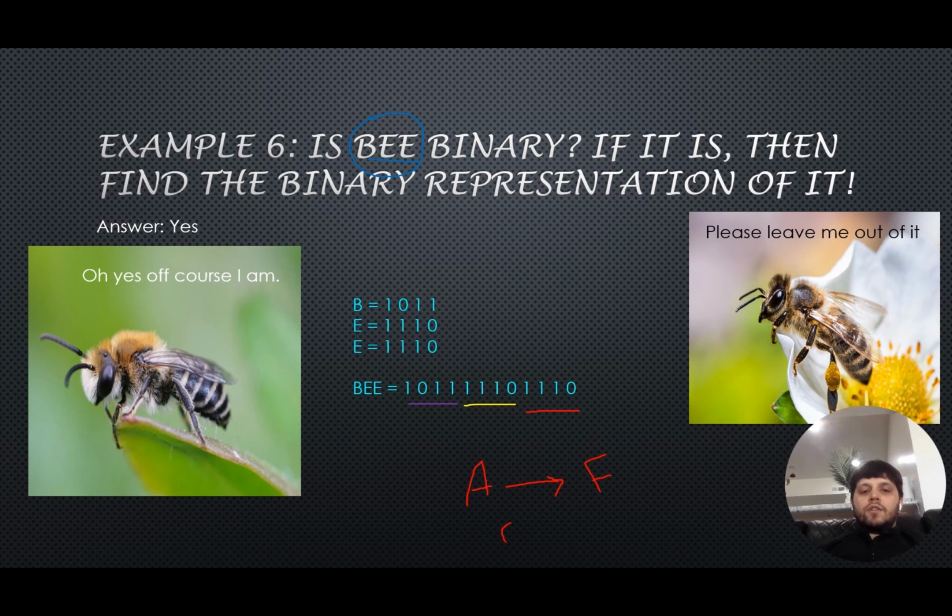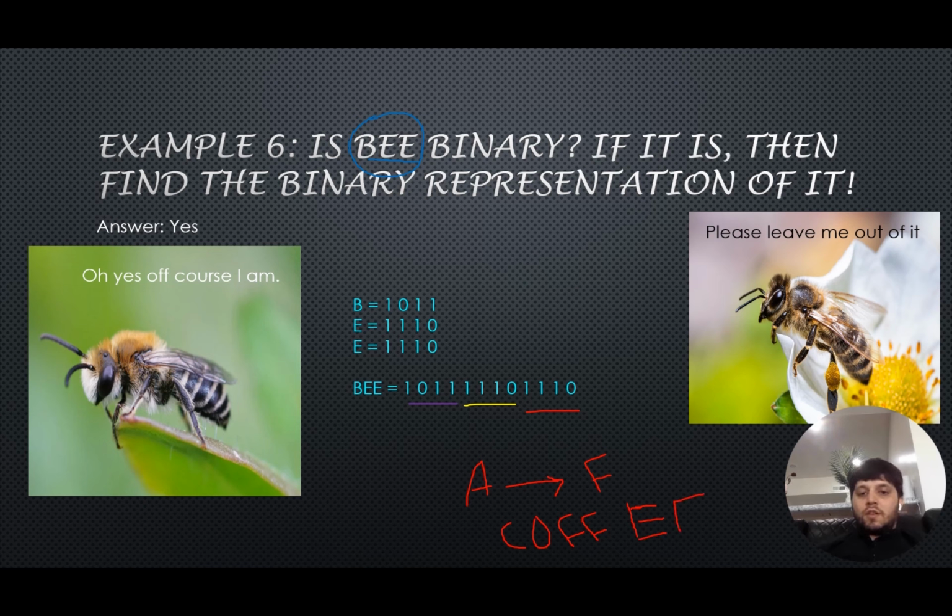So it'll be C, zero, F, F, and E. That's a weird kind of E, but that's fair enough.